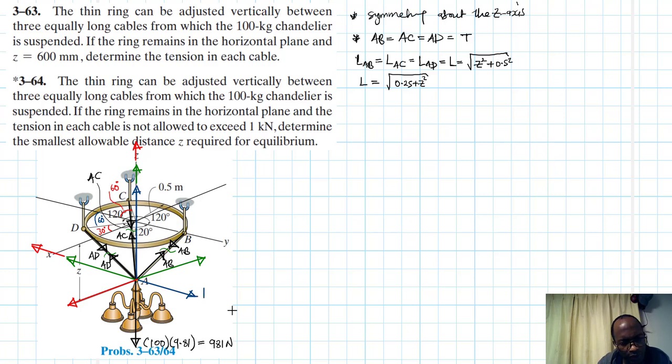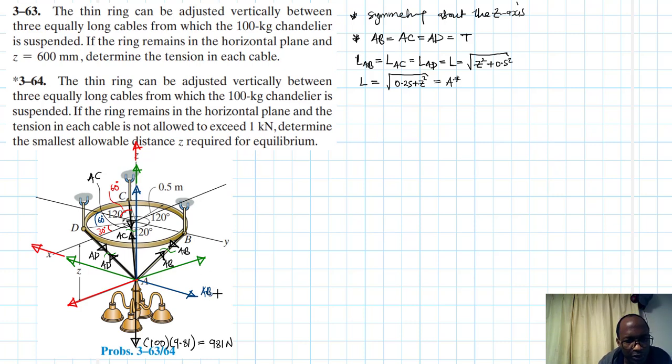So in the Y we'll have AB by the length, which in the Y is just 0.5 divided by root of 0.25 plus... okay, let me call this A star, just A star, so that I avoid this long jargon.